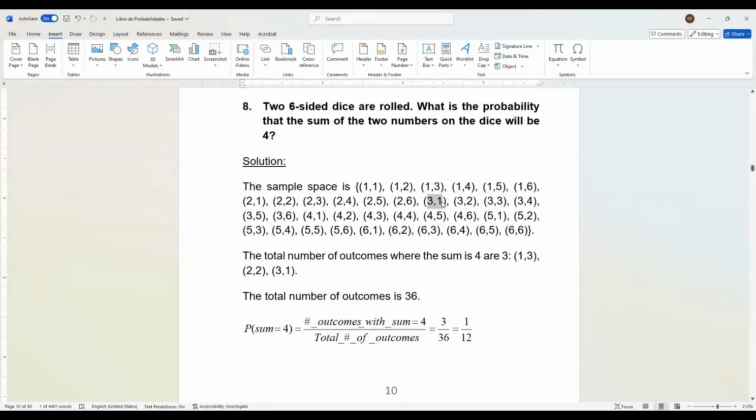No other outcome gives you a sum of 4. So of the 36 possible outcomes, the total number of outcomes where the sum is 4 is just 3. So the probability of a sum equal to 4 is the number of outcomes with sum 4 over the total number of outcomes, which is 3 over 36. So that probability is 1 over 12.